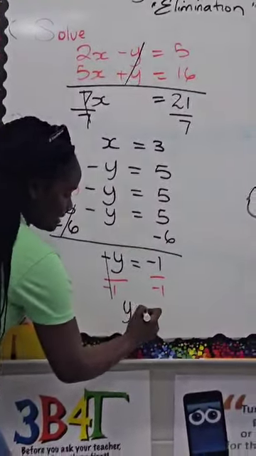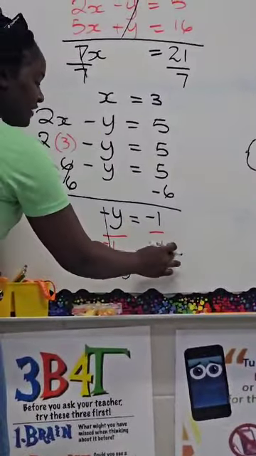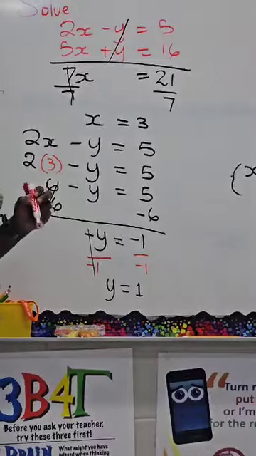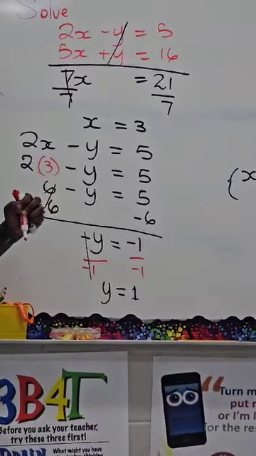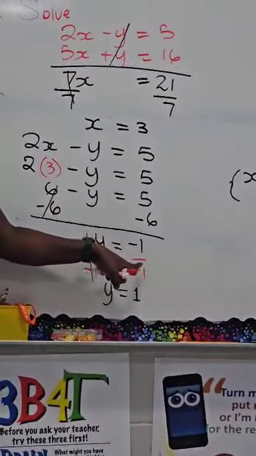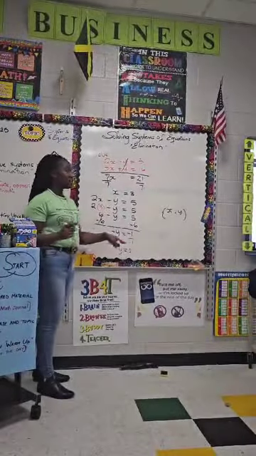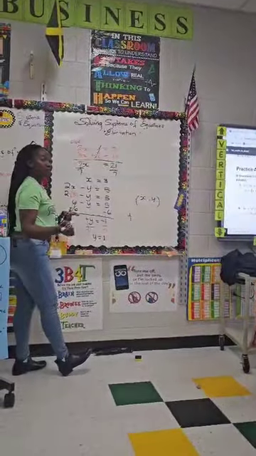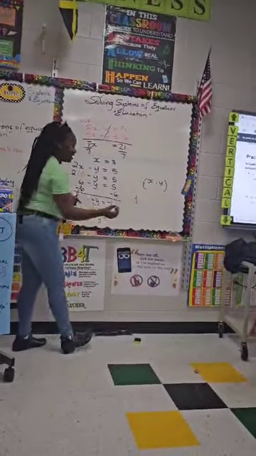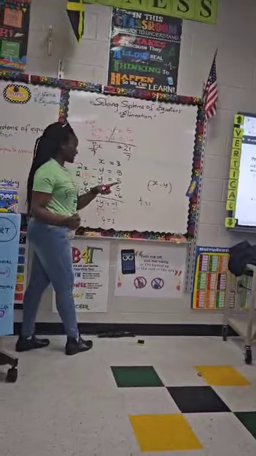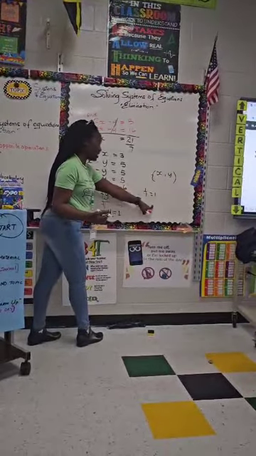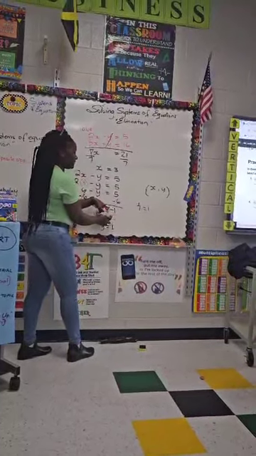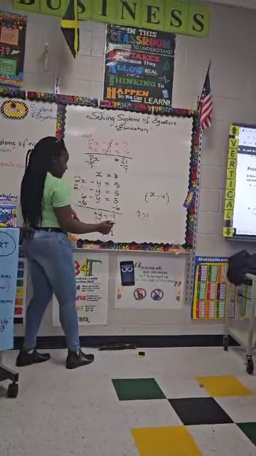So y is equal to, what's -1 divided by -1? Positive 1. I'm so sorry. Remember, -1 divided by -1, just think about what's 1 divided by 1. 1 divided by 1 is 1. And remember, when we're dividing two negatives, our answer is going to be positive.